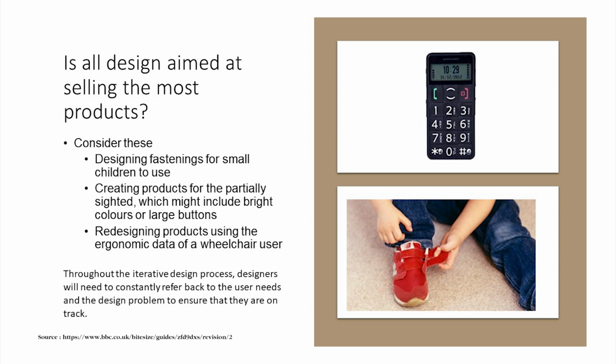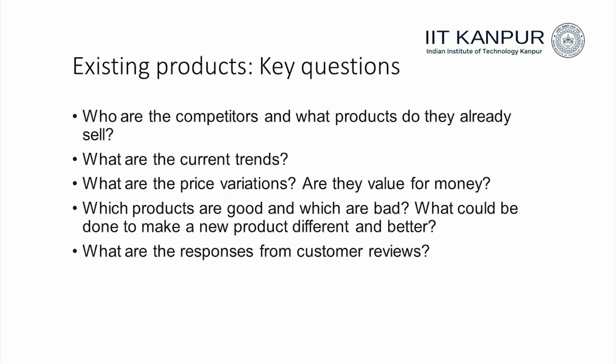So throughout the iterative design process, designers will need to constantly refer back to the user needs and the design problem to ensure that they are on track. So you want to constantly iterate so that you ensure that you are on track to solve the challenge. So some questions that you may ask about existing products to define your design problem.